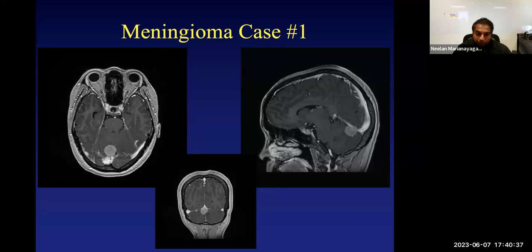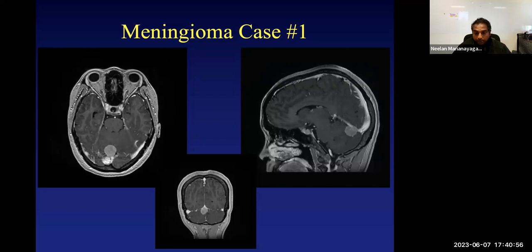Then the pros of that are you resect the lesion, you get a tissue diagnosis so that you can know what the pathology of it is. Is it a grade 1 meningioma, a grade 2 meningioma, and you can get a gross total resection. You don't have to worry about the lesion again, depending on the grade, obviously.